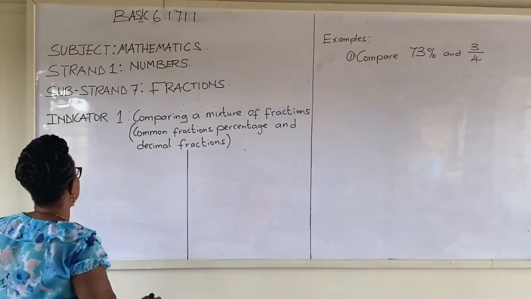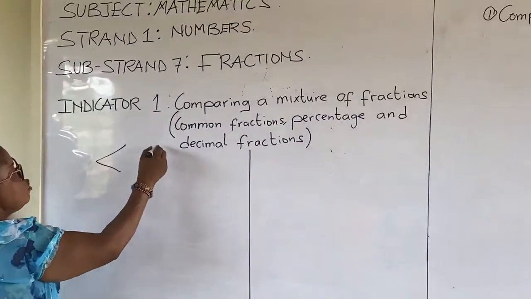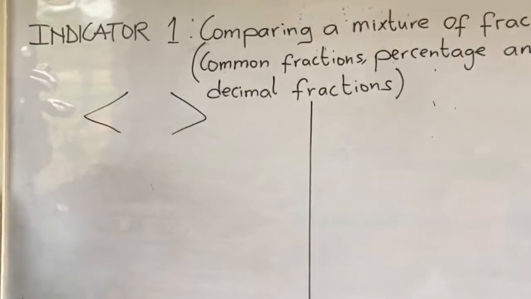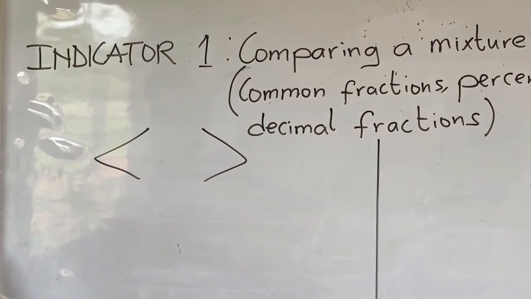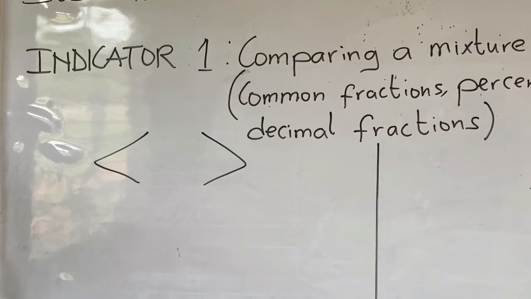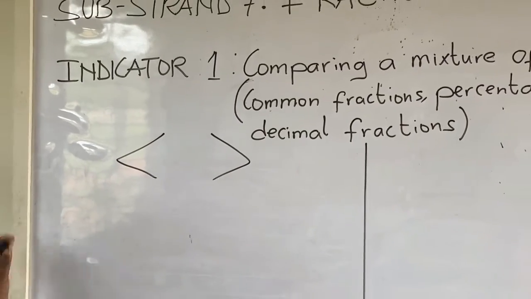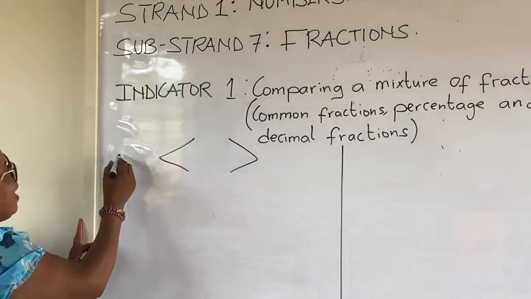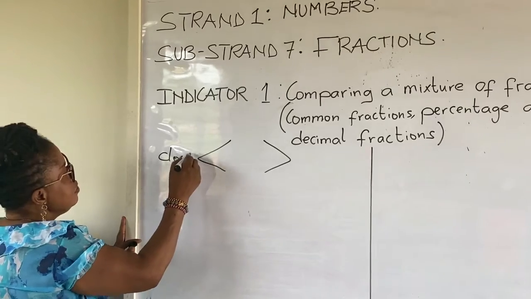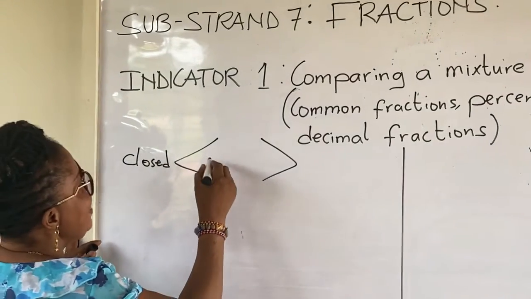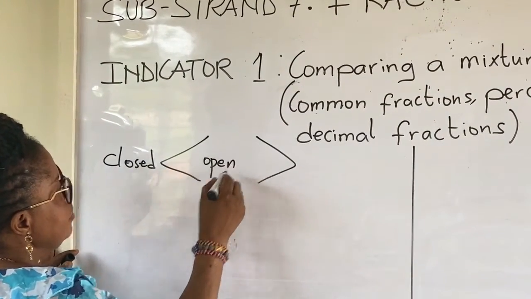For example, these are the 2 symbols that we have. Now, this symbol has 2 ends. One end is closed, the other end is open.